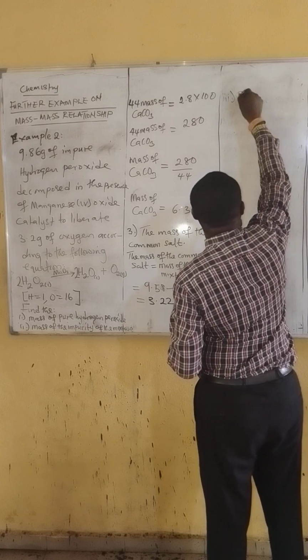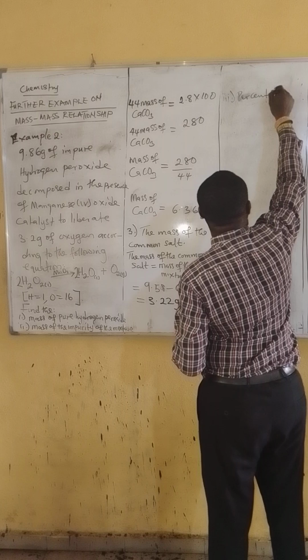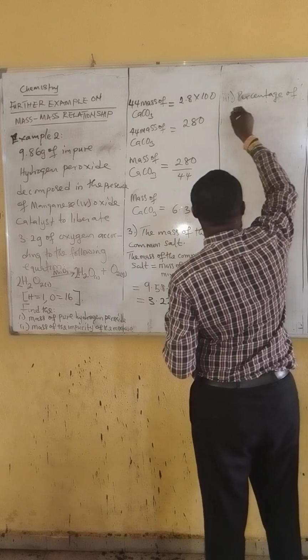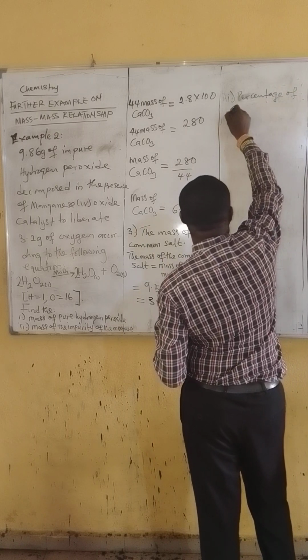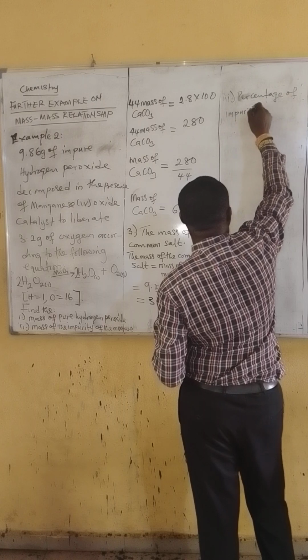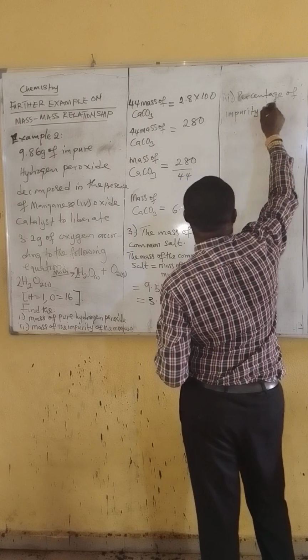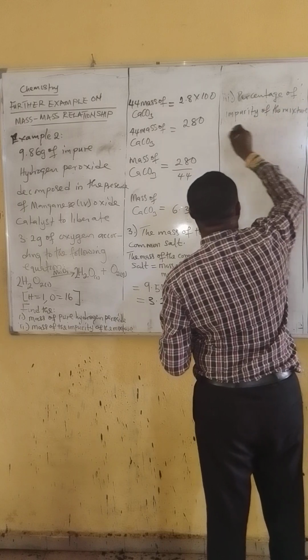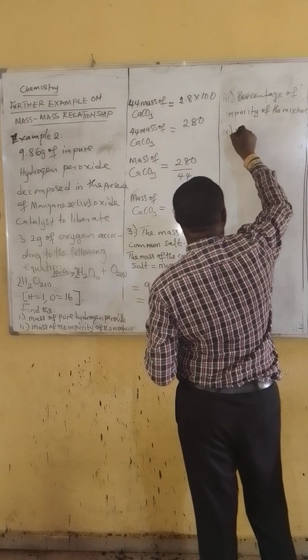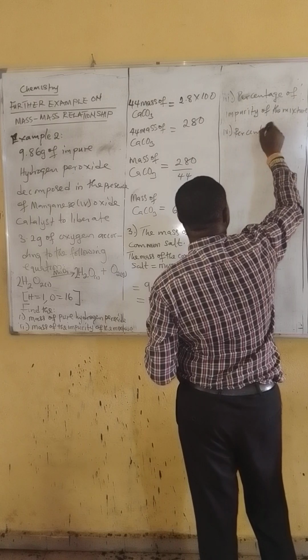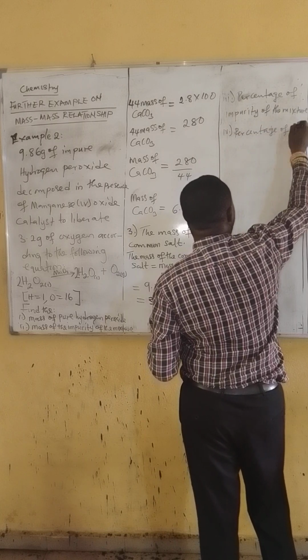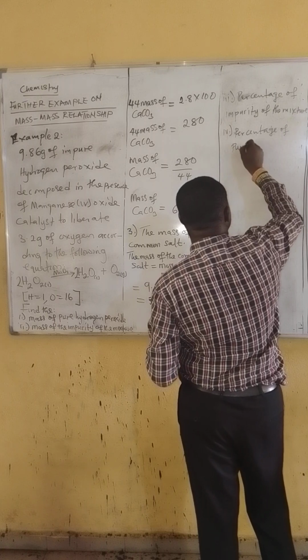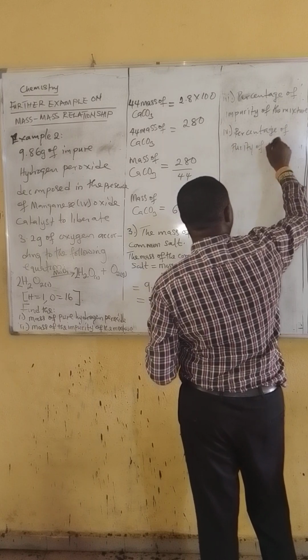The percentage of impurity of the mixture. And lastly, number 4, the percentage of purity of the mixture.